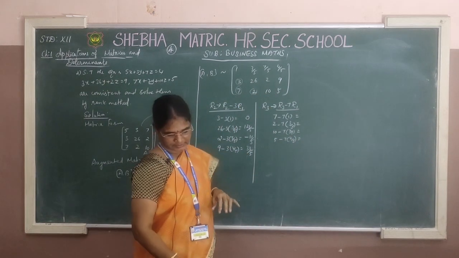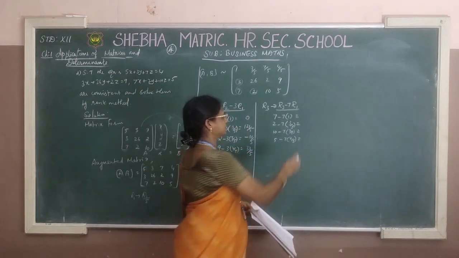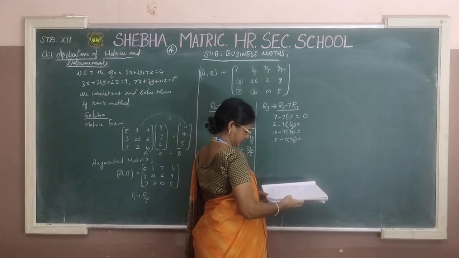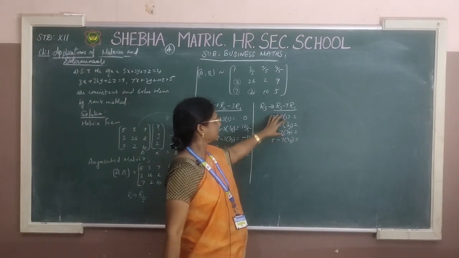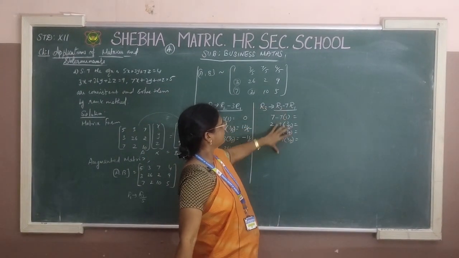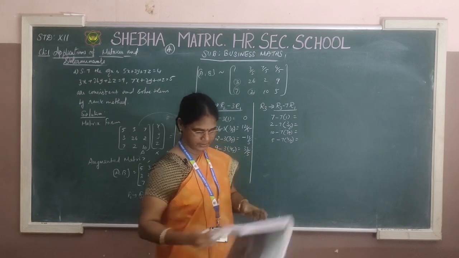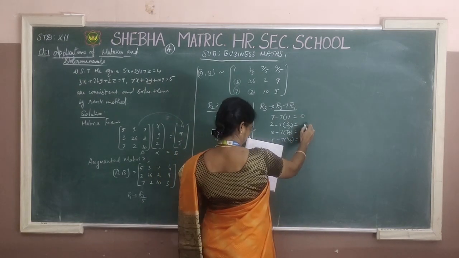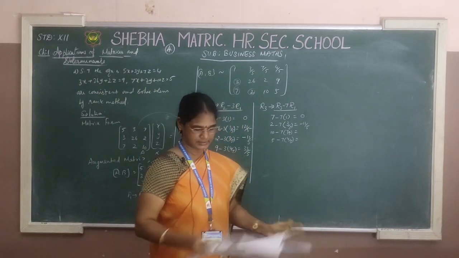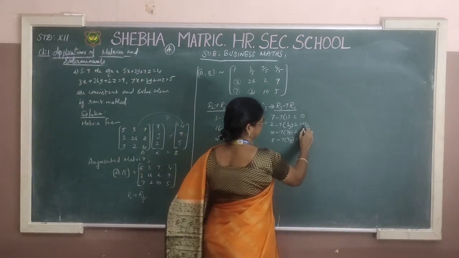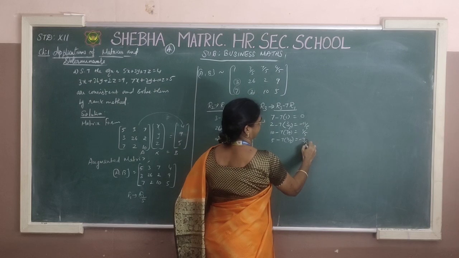After the calculation we get the first element 0, the second one minus 11 by 5, the third one 1 by 5 and the last one minus 3 by 5.